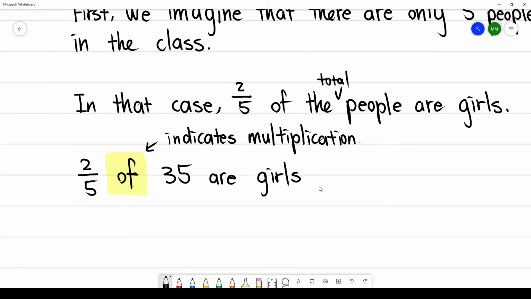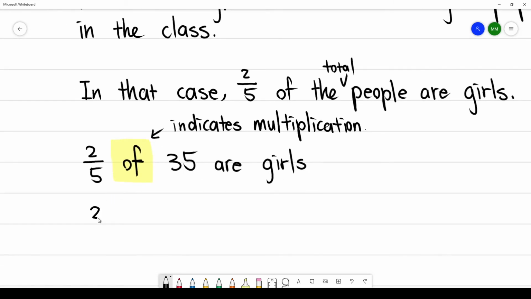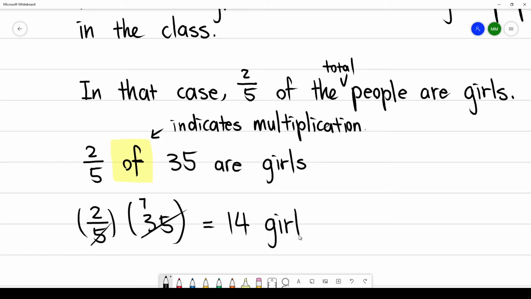So it's as simple as doing 2/5 times 35, and then you can simplify and cancel this out. So 35 divided by 5 is 7. So 2 times 7 is equal to 14 girls. And that's the answer.